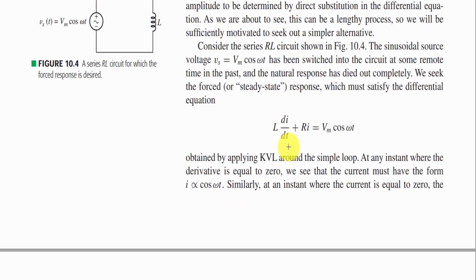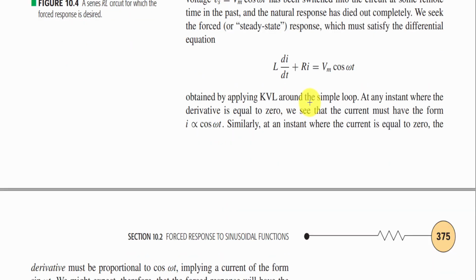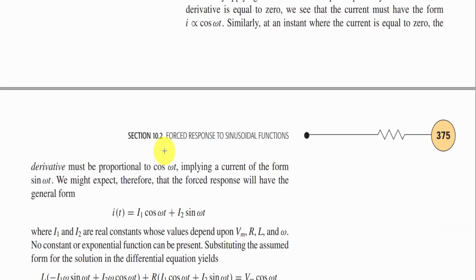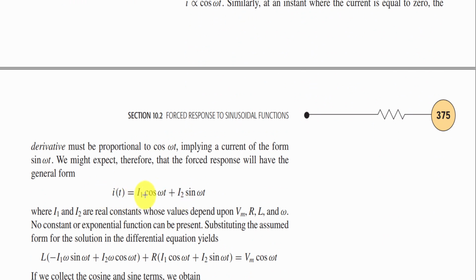To solve this we have to figure out a function which satisfies this equation. So we need to figure out the expression for I which satisfies this equation, and that would be the solution for this differential equation. We have several workarounds to figure this out.